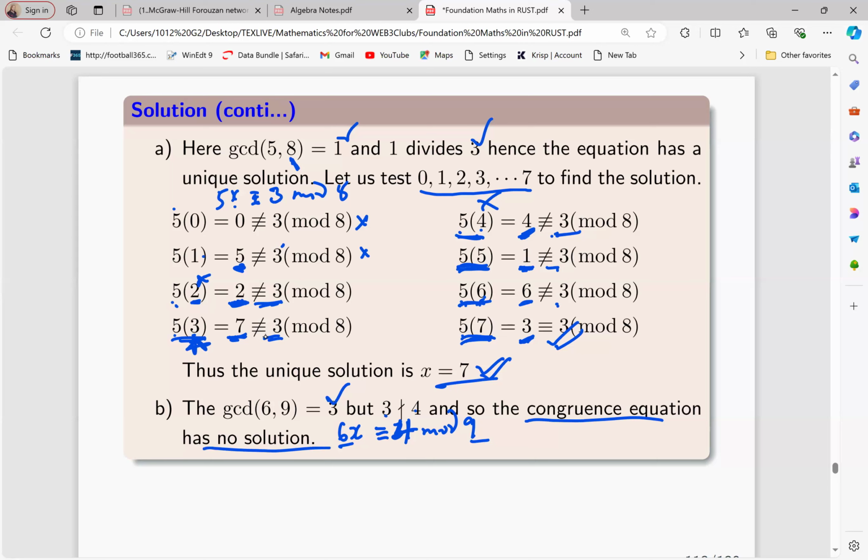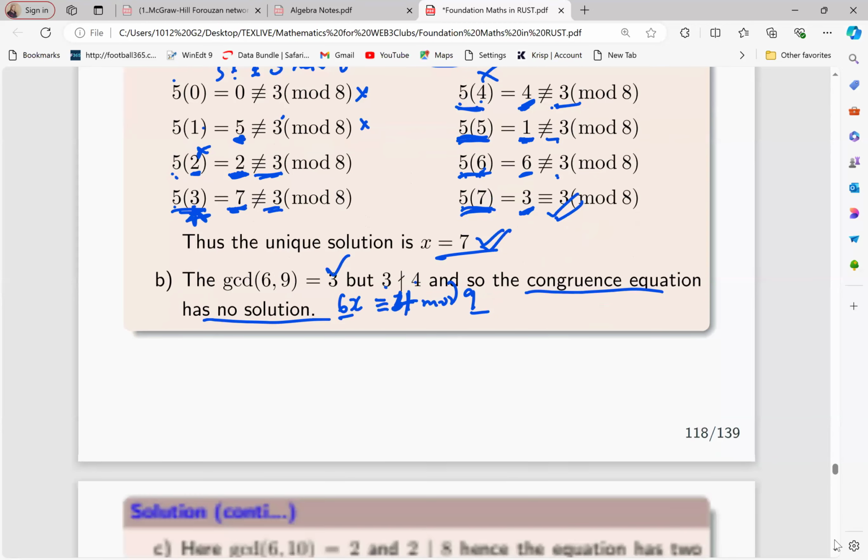So again, when you are writing your Rust code, you should be able to tell that there's no solution. You tell it that if the GCD does not divide B, then it must give the result that there's no solution. You also tell it that way.